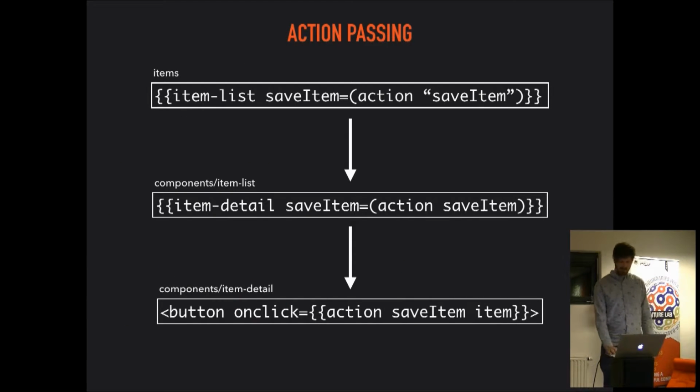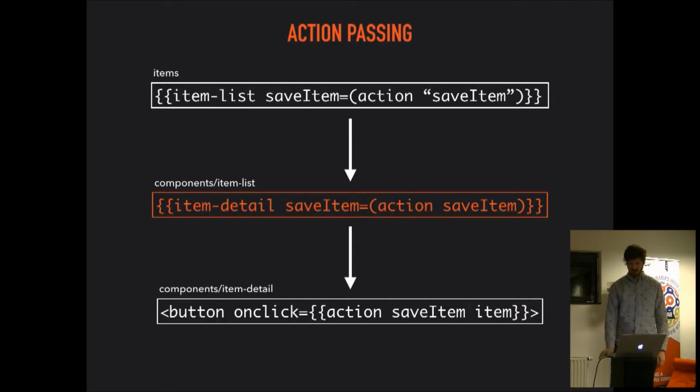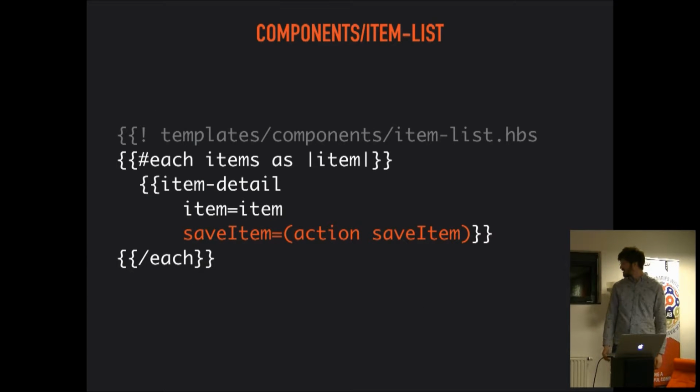So we start with the items controller, which will render an item list and has a save item action that saves the item. We have the item list itself, which renders each item and has the action save item.